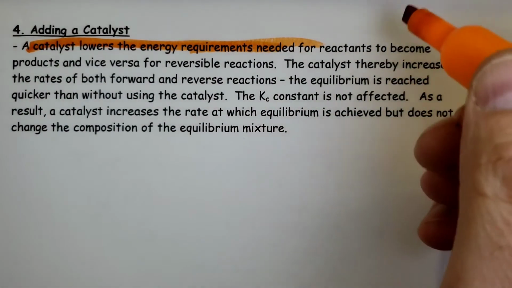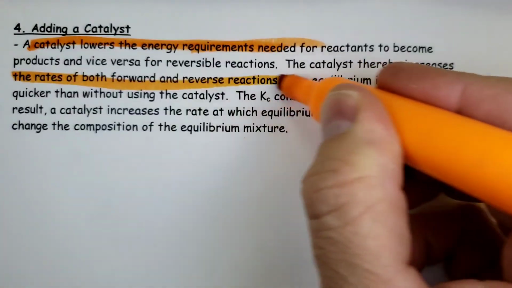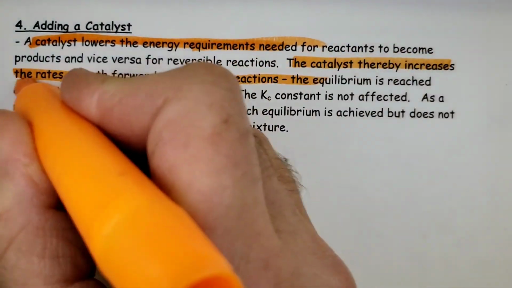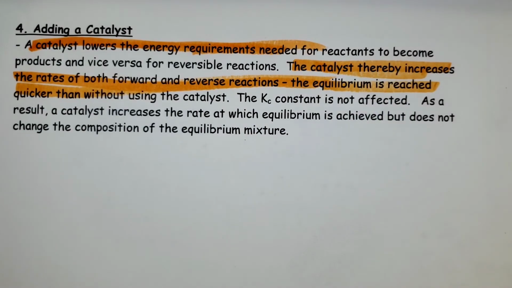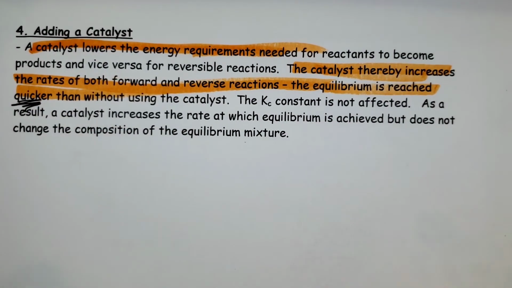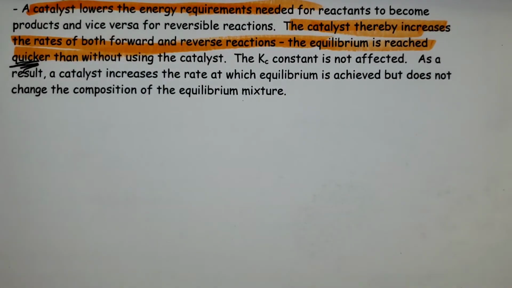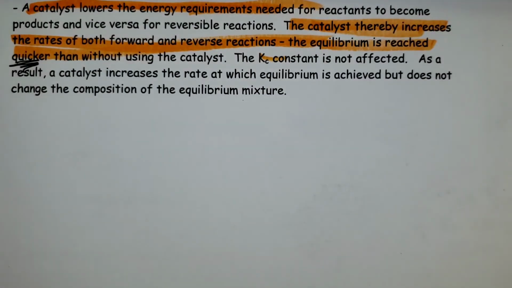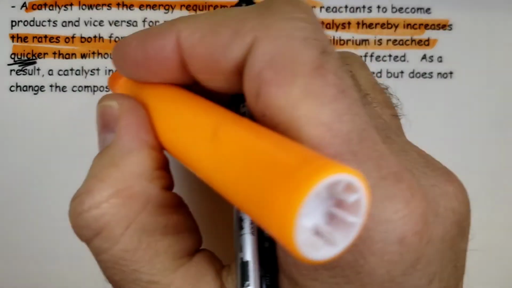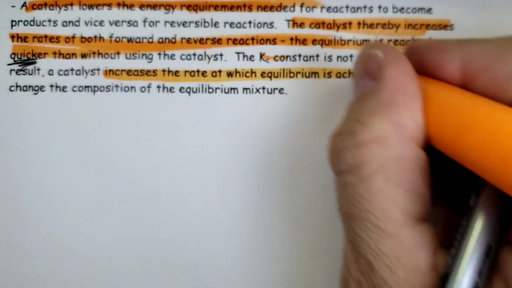The catalyst thereby increases the rates of both forward and reverse reactions. So what happens here is that equilibrium is reached quicker than without using a catalyst. The equilibrium value, the KEQ constant, is not affected. As a result, a catalyst increases the rate at which equilibrium is achieved.